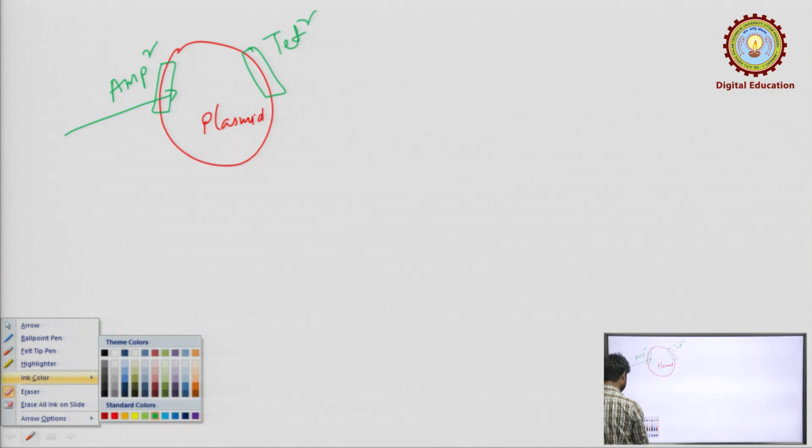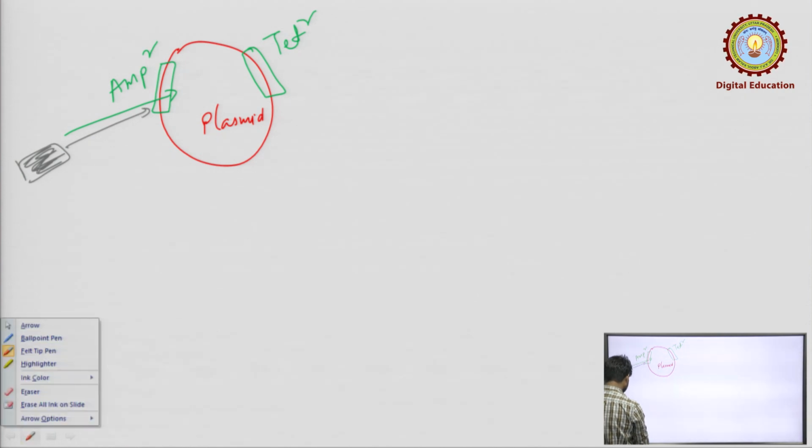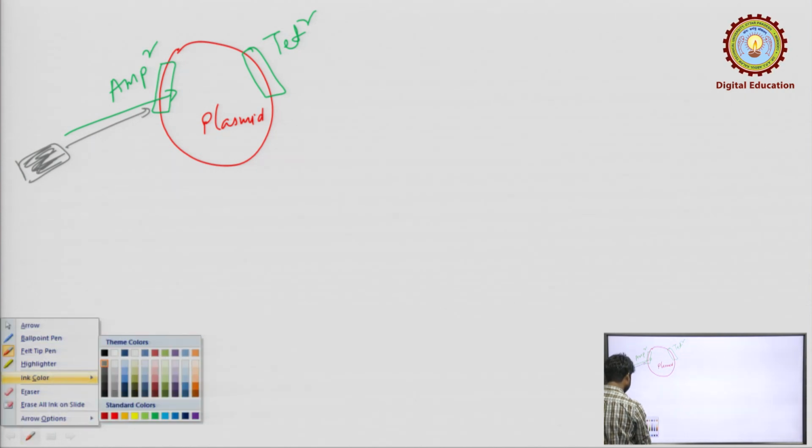So we can have a gene of interest of this color. We will insert this in here. Now how does it look after insertion?